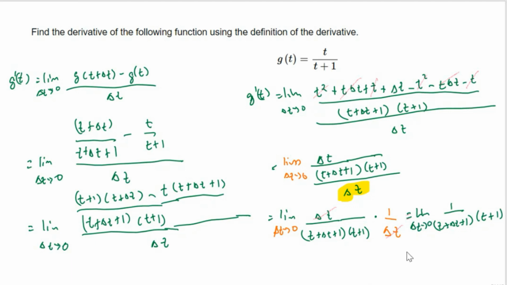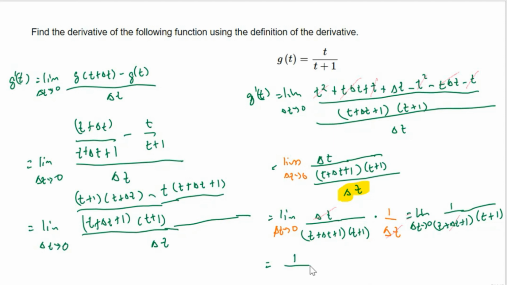Now, if we are going to replace delta t by 0, then delta t here will be 0 because we're replacing the value of delta t, which is 0. So we have the remaining answer here on the right hand side.